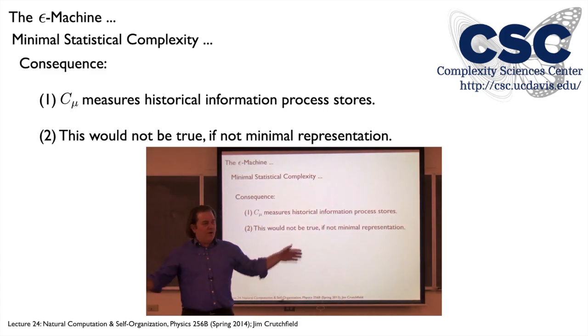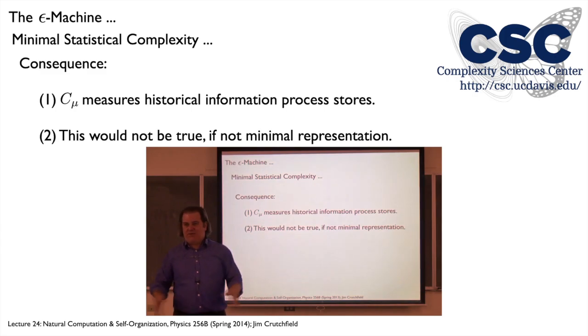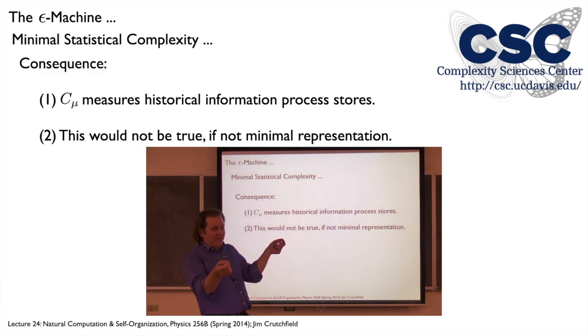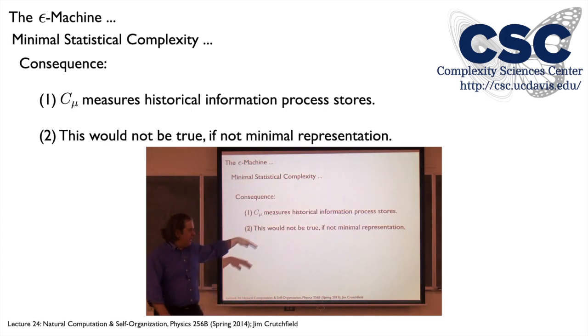It's removing one kind of subjectivity, that I could just make arbitrarily large models, even of a fair coin, right? I could make a 100-state model as long as the branching transitions were all 50-50, but there's no sense in which the fair coin has 100 states of memory, right? By definition, the past is independent of the future. So this is a reflection of that.